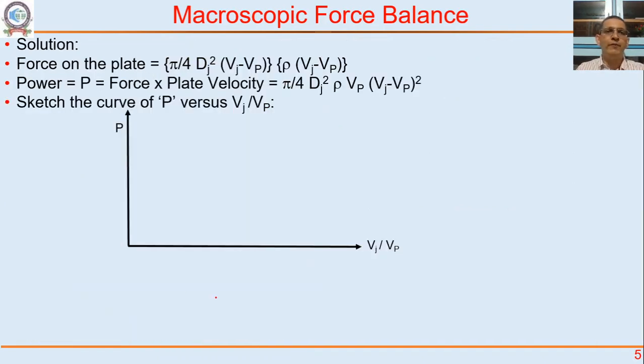Okay, so if you have solved this problem, here is the situation again. There is a plate. This plate is moving with a velocity Vp, and a jet is striking at a velocity Vj.